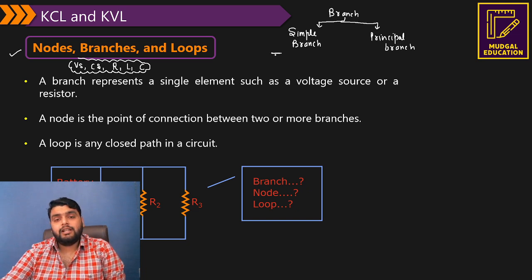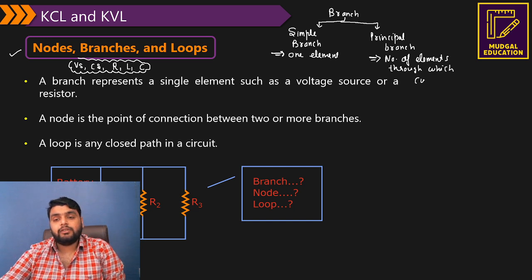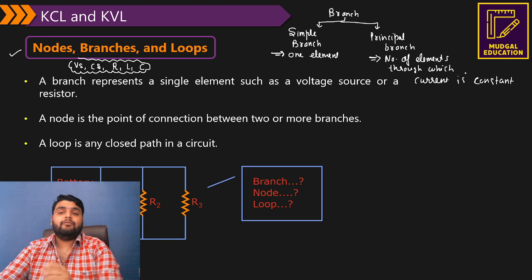Simple branches are those branches which contain only one element, whereas principal branches contain a number of elements through which the current remains constant, or you can say principal branches are those branches which are connected in series.